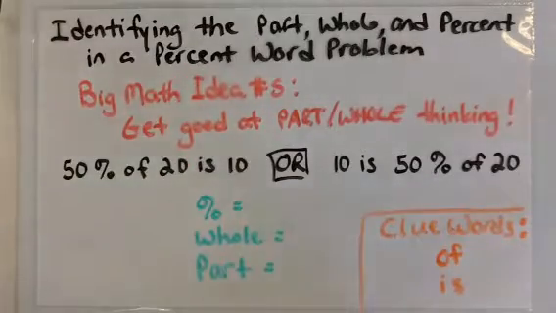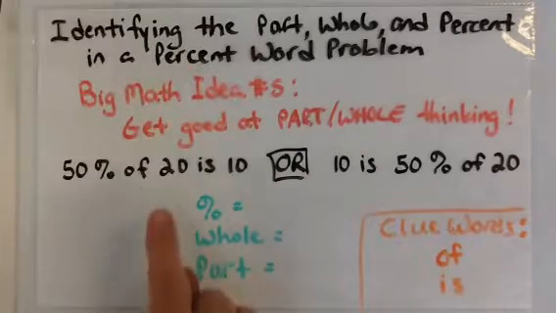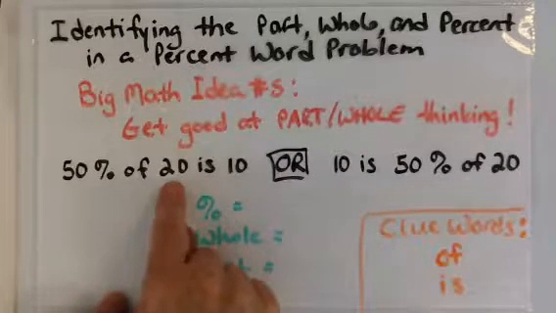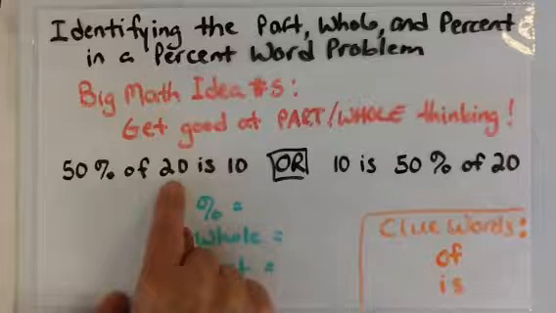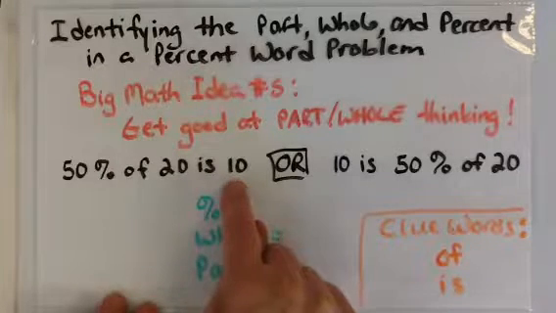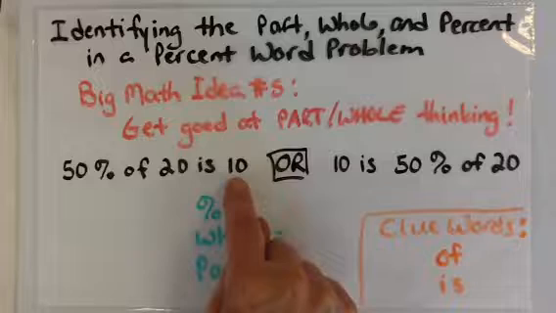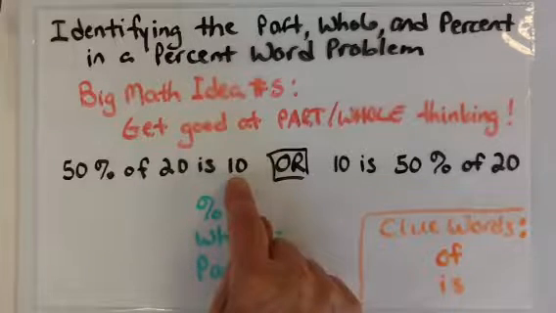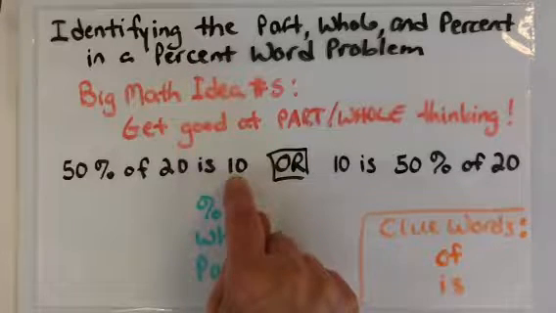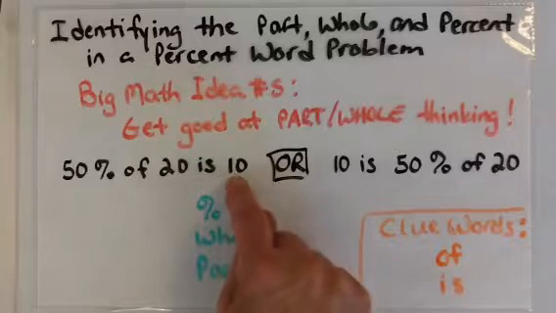So 50% or half of 20 is 10. Now, that situation involves a part and a whole. The whole is the whole number of students enrolled in my program. The part is the part of those enrolled students who were present, because the other part of the enrolled students were not present at class.